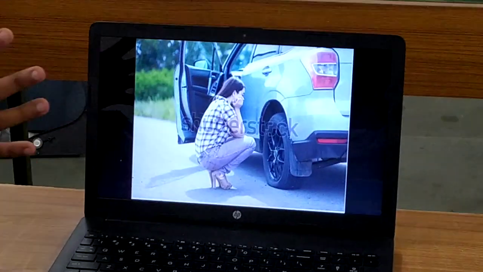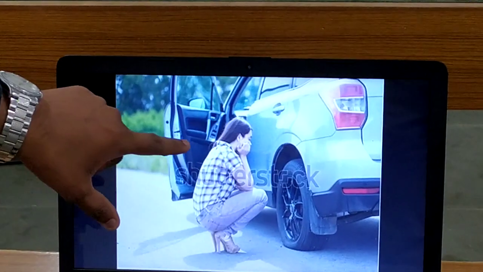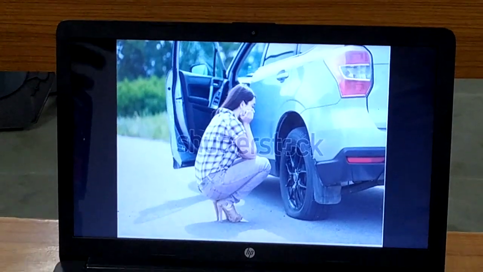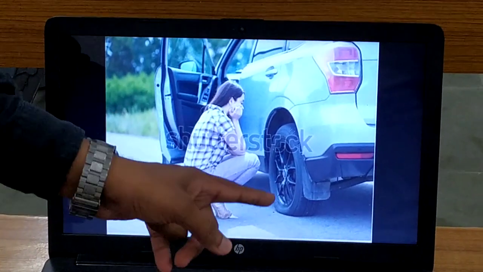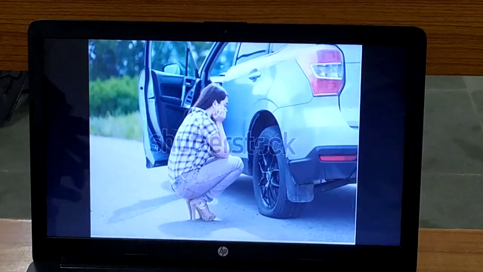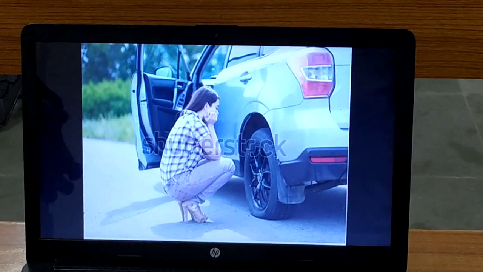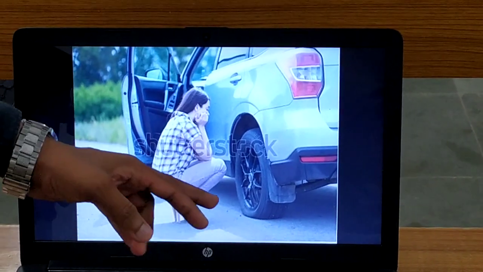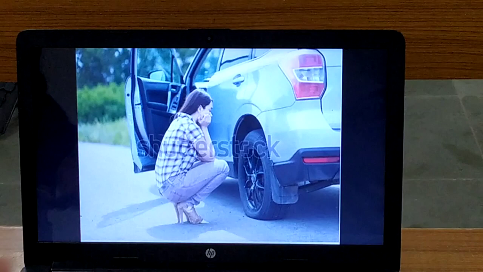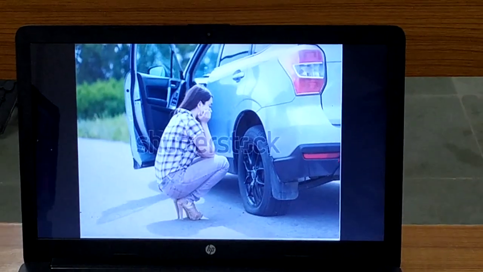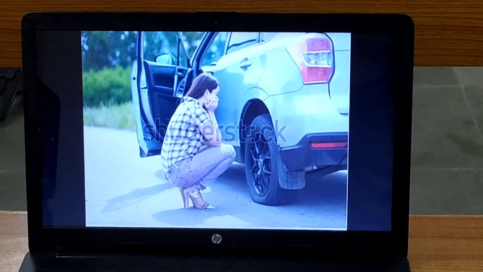In this position, the lady will find some tension due to the low inflation in her road wheel. Can you imagine what will happen there? She needs some inflation in her car wheel.